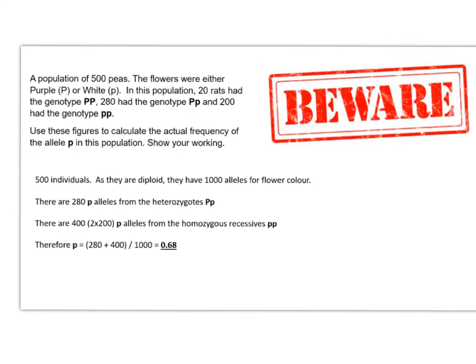There are 400 little p's from the homozygous recessives, so we had 200 homozygous recessives, but they've each got 2 copies of little p. That means we've got 400 copies of little p there. So we've got a total here of 680 little p alleles out of 1,000, so our actual frequency of little p is 0.68. So this is not using the Hardy-Weinberg equation.